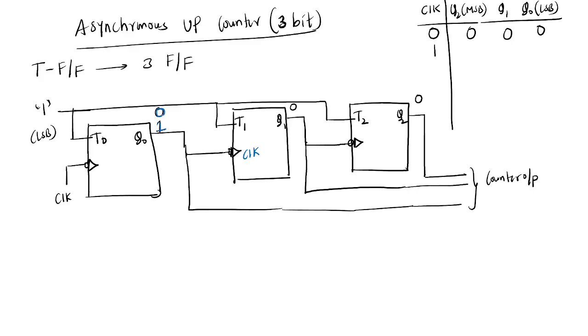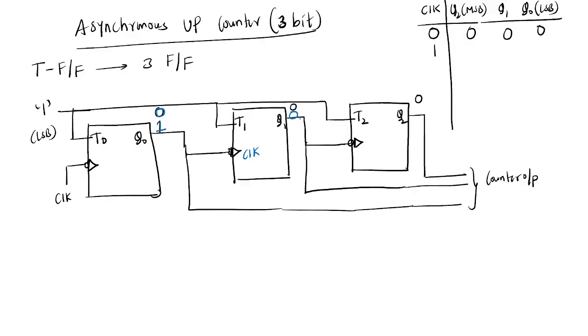Is this 0 to 1 a positive edge or a negative edge? Sorry, positive edge. Positive edge means this flip flop will not be active. This will be toggled only when there is a negative edge.